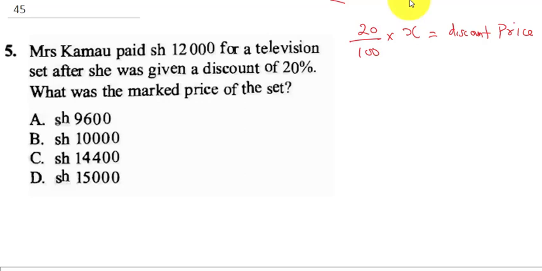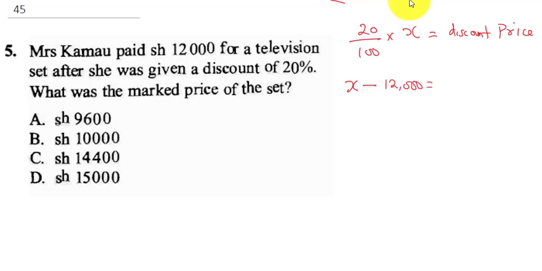Another thing you need to establish here is that when you do the marked price, which is X, minus the amount he paid, which is 12,000, you also get the discount price. The discount price is the amount that was reduced for him. So he got a 20% reduction. So when you do the marked price, which we are looking for, minus what he paid, 12,000, you get the discount price.